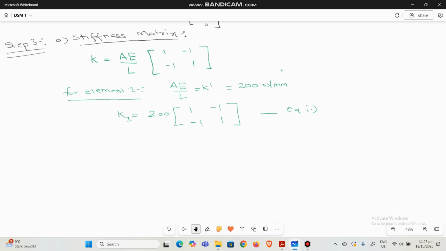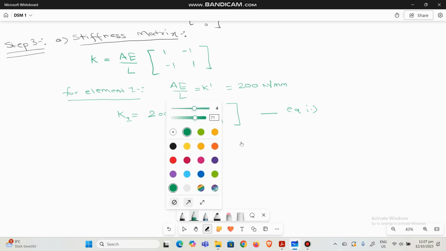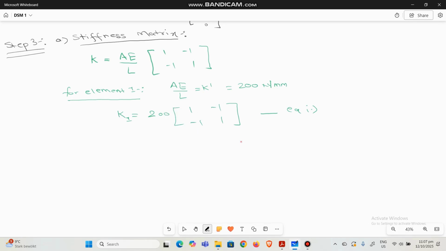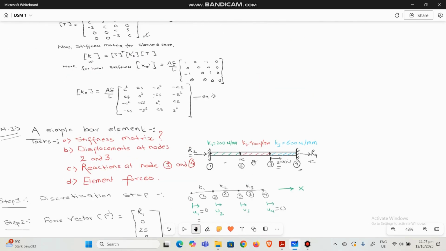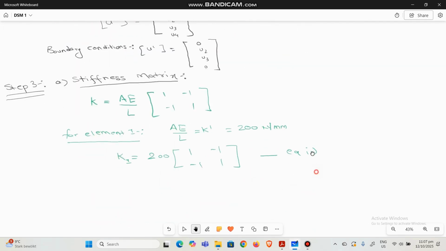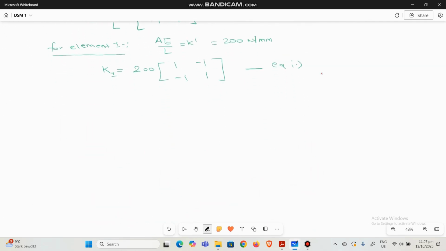Okay, so for element 2 we have provided the red color here. This is for this red element, 400. Similarly for element 2, we have been given the value of AE upon L as 400 Newton per mm.